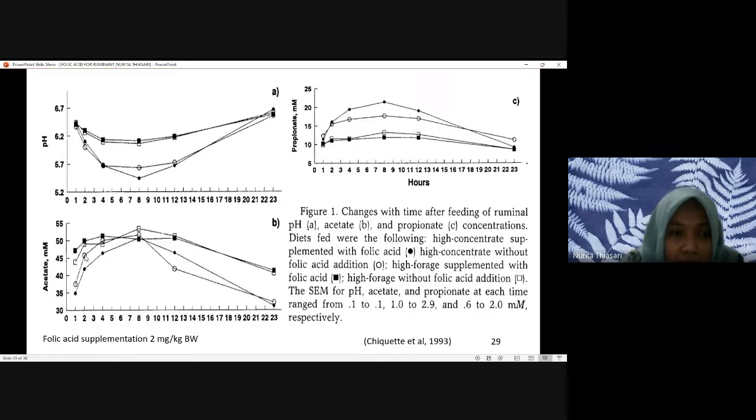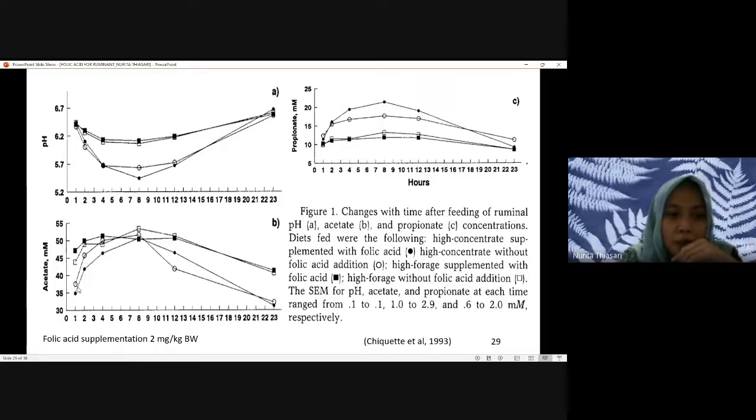And then for the acetate, there is a slight improvement in the early hours, and then it reduces in the next hour. The production is reduced in the next hour for the high concentrate diet with the addition of folic acid.